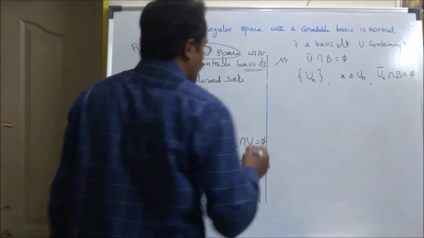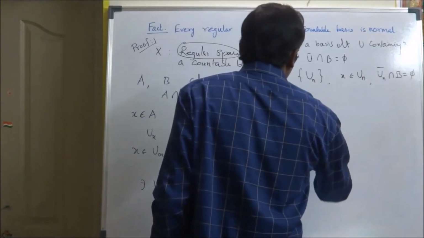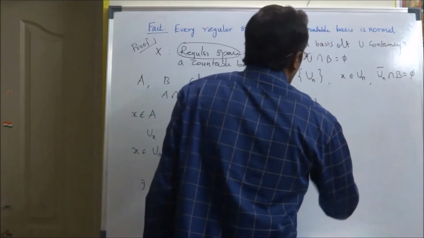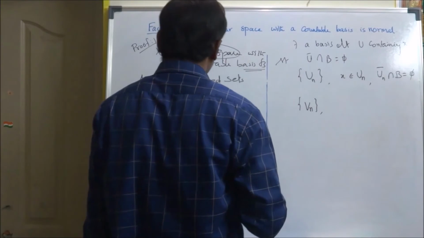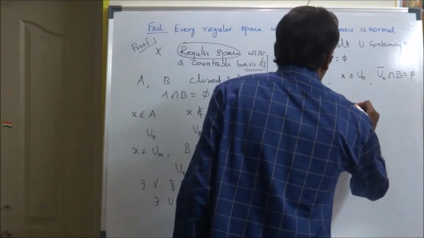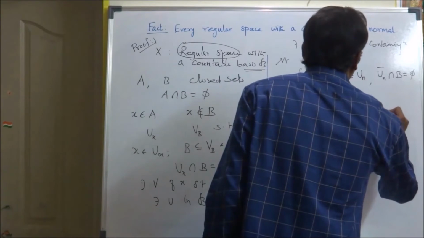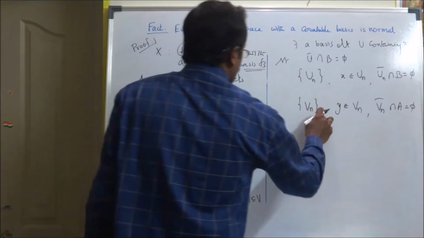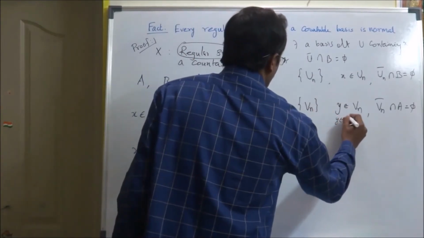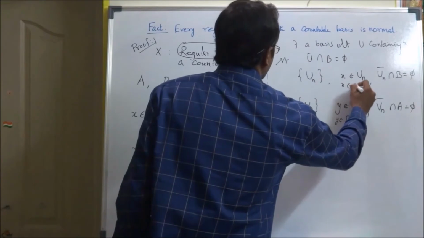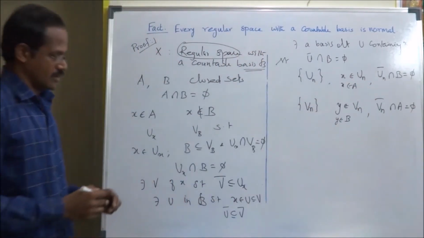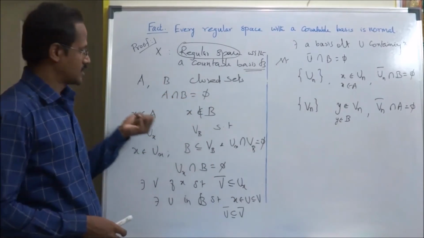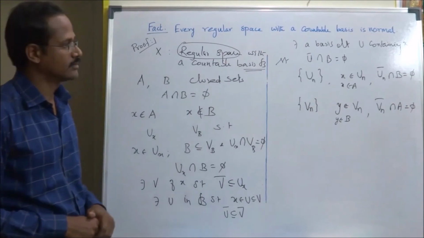Similarly, there is a countable collection of basis elements, say Vn, such that y is in Vn and Vn closure is disjoint from A. Here y varies over points of B, and x varies over points of A. So we do the same process by taking B here and A here.